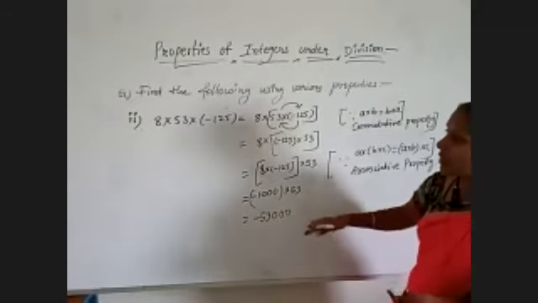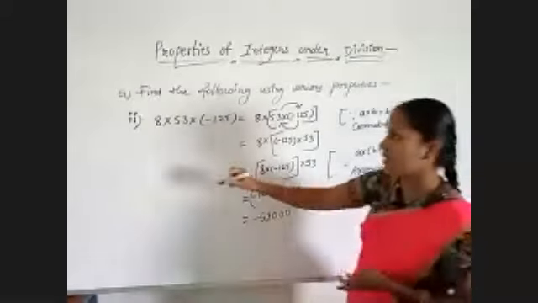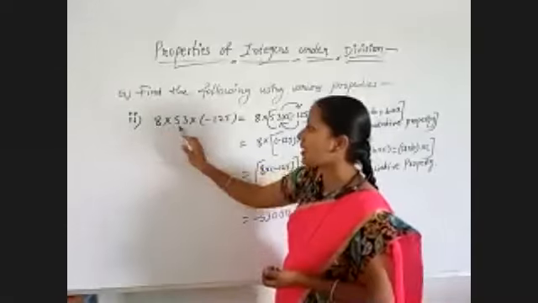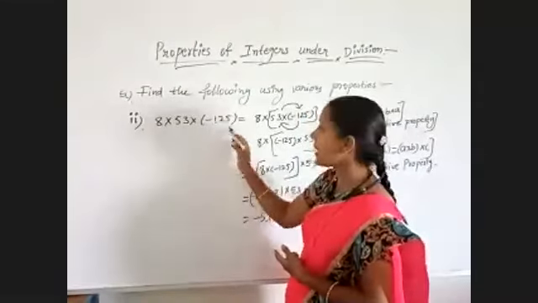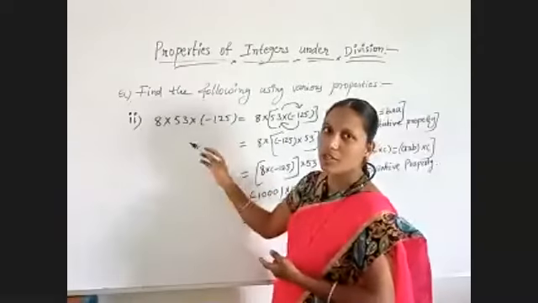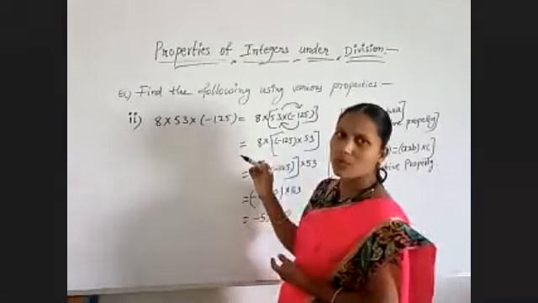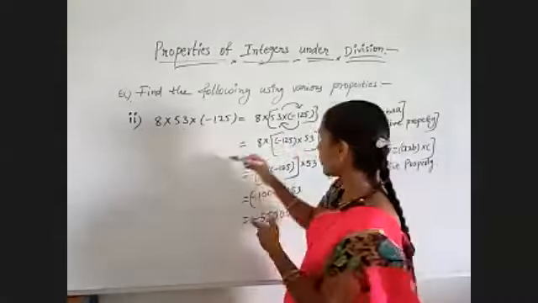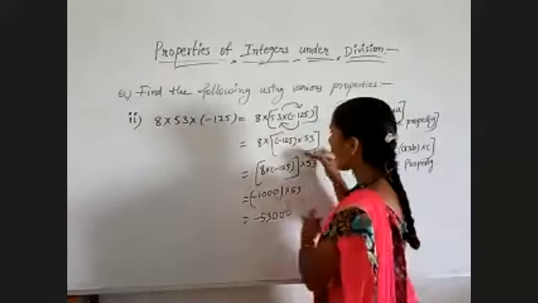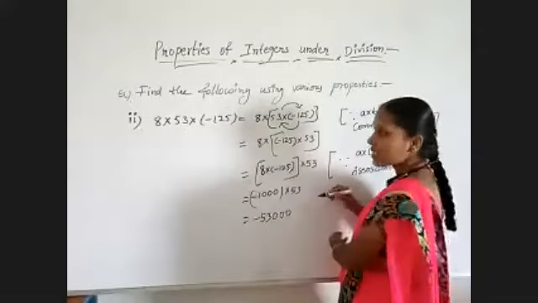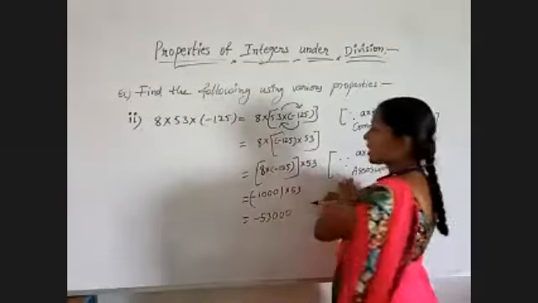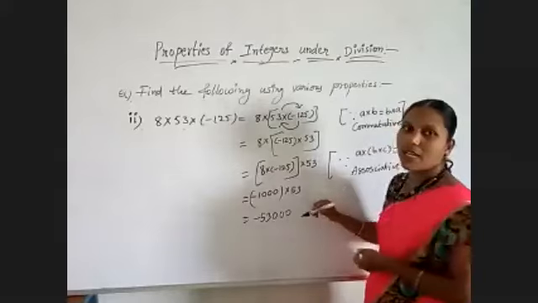If we are doing normally whatever they are given, so first if we are multiplying these two numbers, so it will get not a easiest value. Again, you need to multiply with 125. So it will take some time to calculate all this. Even though if you are not performing this type of properties, you will get the same result. But it will take more time.